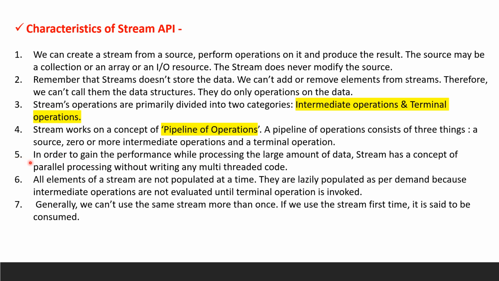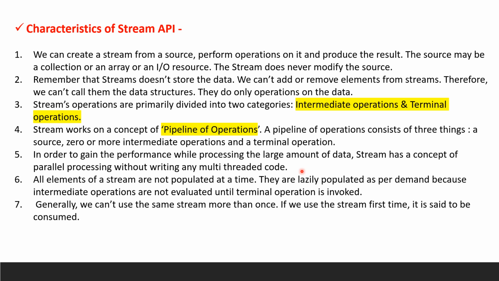The fifth point here is that, in order to gain performance while processing a large amount of data, Stream has a concept of parallel processing without writing any multi-threaded code. We said before that there are two types of streams, sequential and parallel. Why do we go to the parallel stream? If you have a large amount of data, stream deals mainly with the data and its operations.